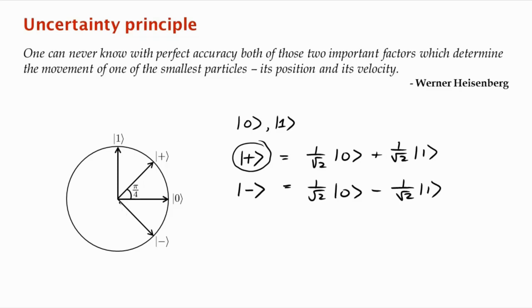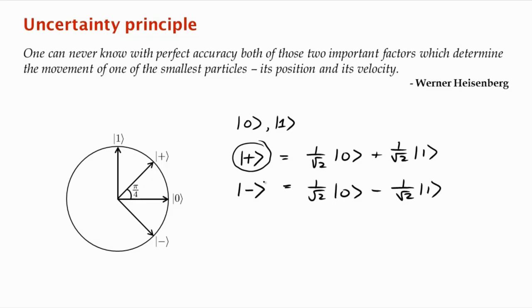If you were to measure either of these states, plus or minus, you would see 0 and 1 with probability half each, so ground or excited with probability half. But what distinguishes these two vectors, the reason they're orthogonal, is the sign or the phase in front of the excited state. This is why we refer to this as the plus vector and this as the minus vector. These are just names that we have given to these two vectors.